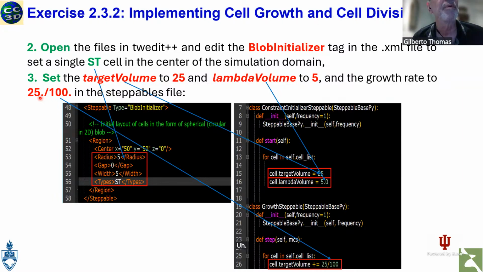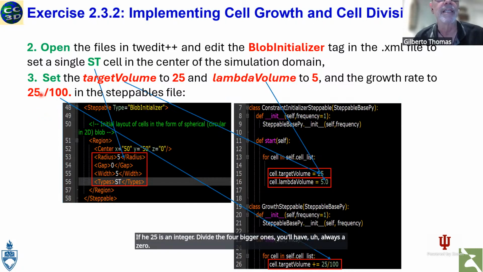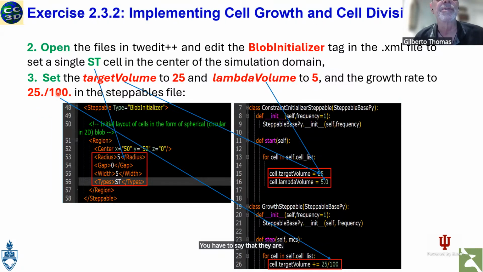Be careful to write the numbers in the growth rate as real numbers. See? Because you are doing a division here. If 25 is an integer, divided by a bigger one, you always have a 0. You have to say that they are real numbers to get the decimal values.